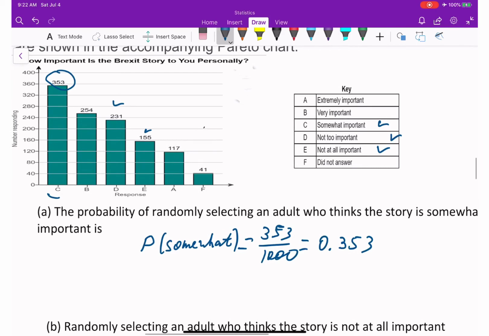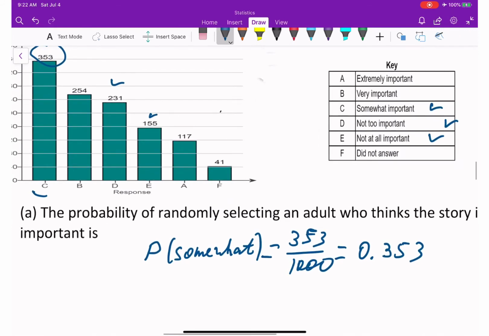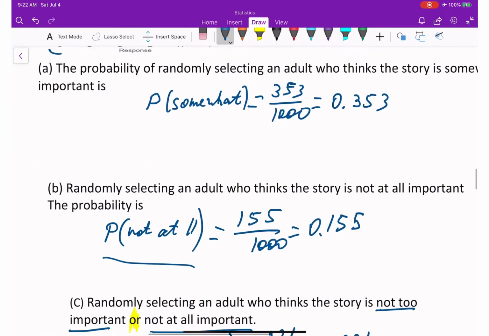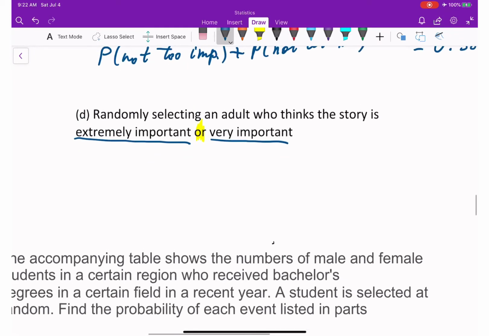Yeah, extremely important is A. For some reason I thought 353 is extremely important. I didn't pay attention, it's going from right to left, letters I mean. Okay, extremely important. Here it is, 117. So the probability of extremely important is 117 over 1000.